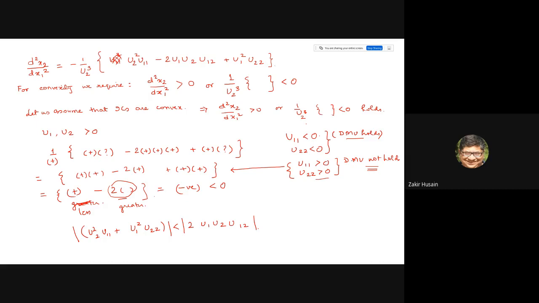So without assuming diminishing marginal utility, you can still have convex indifference curves, if this condition holds, right?